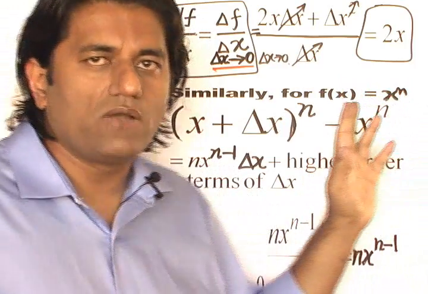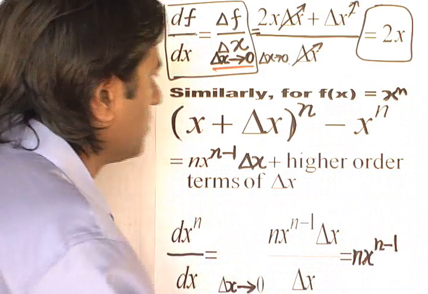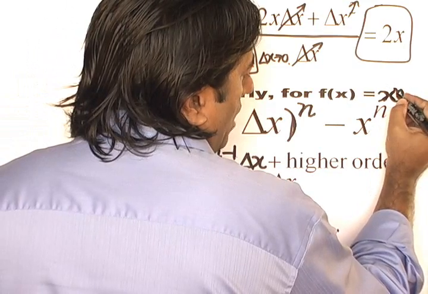Okay, so what about finding the closed form solution of another function, again from first principles? And here, let's say, what if f(x) was equal to x to the power n?